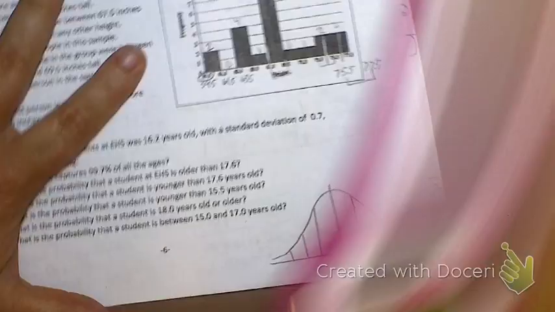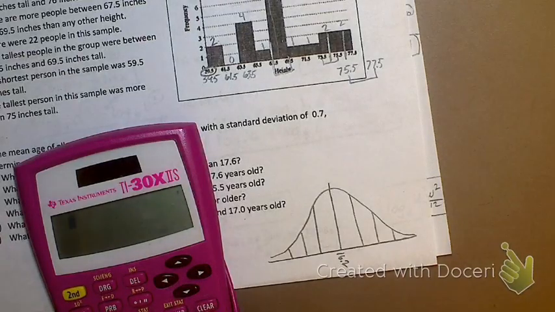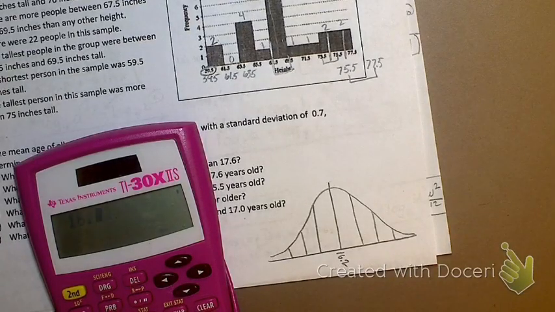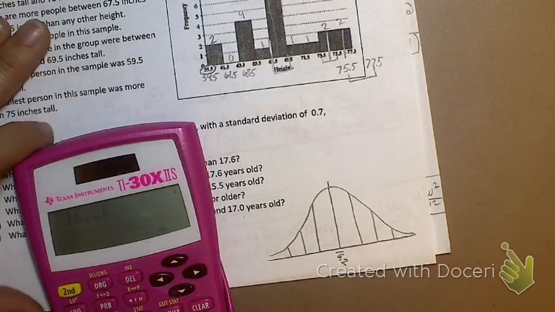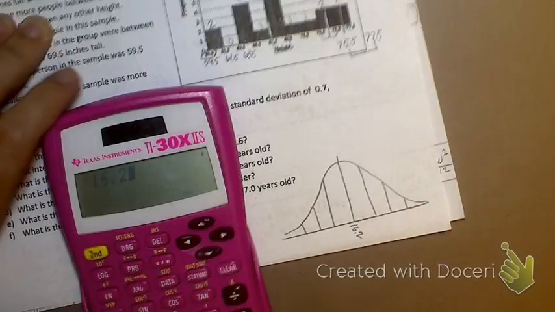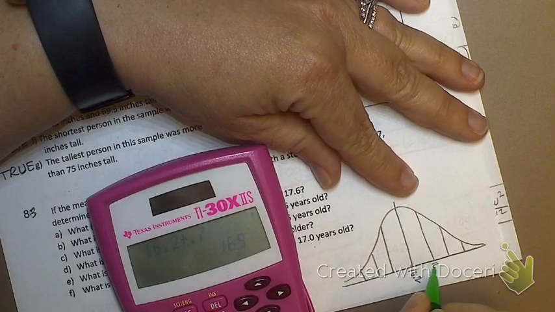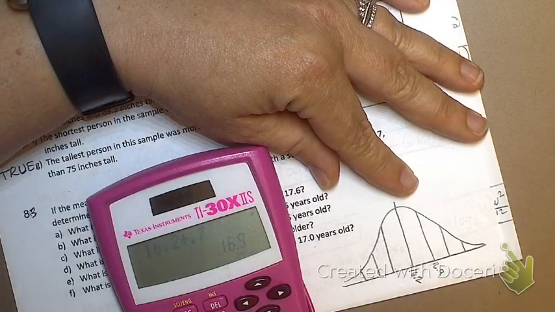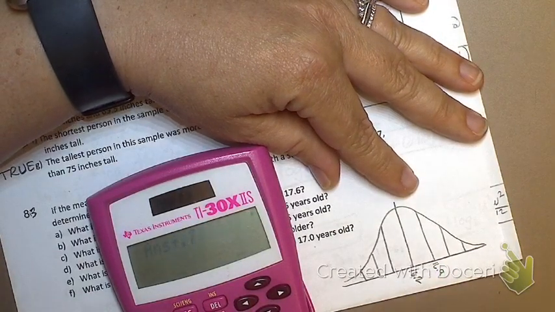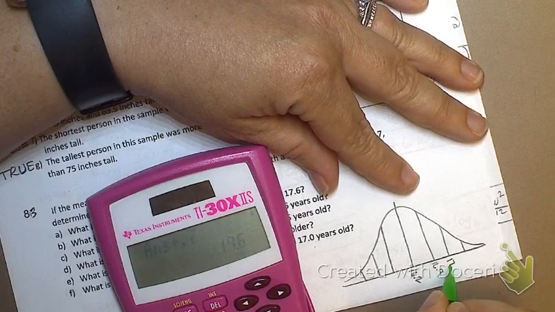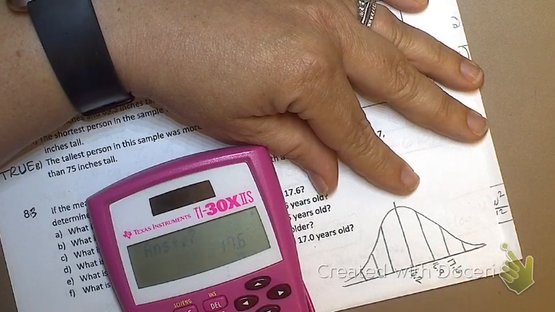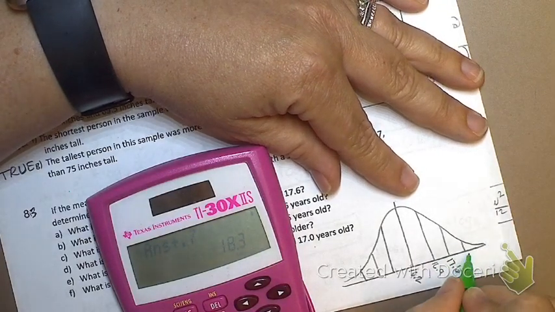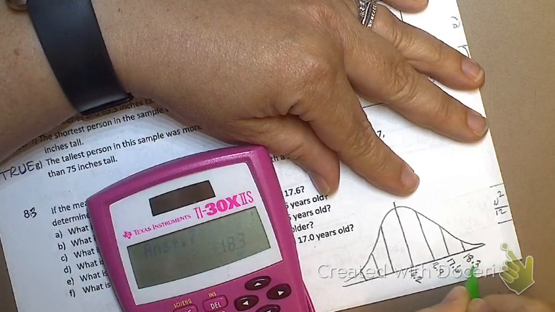And how do I find the markings for those spots? Add and subtract the standard deviation, right? Standard deviation is 0.7. That makes this one 16.9, plus another 0.7 is 17.6, plus another 0.7 is 18.3.